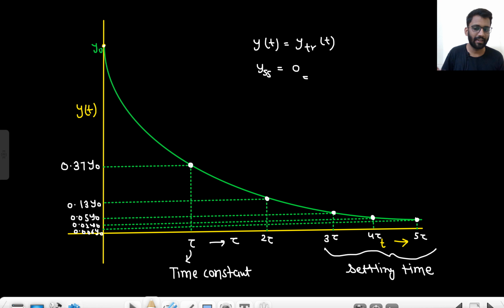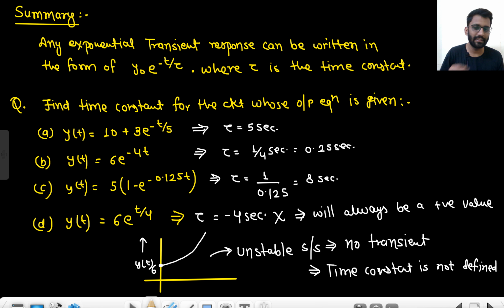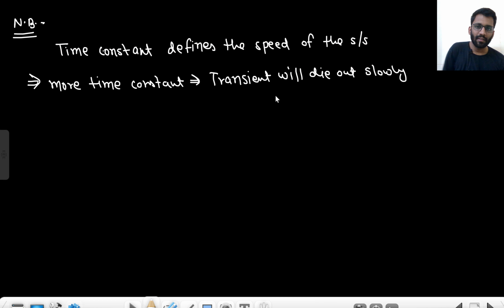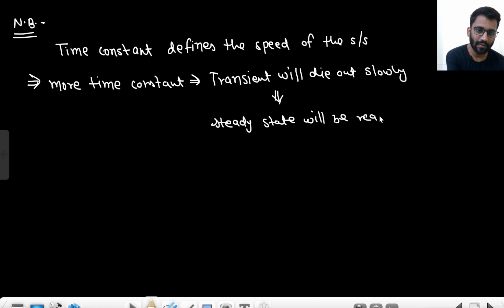So that means my transient will die out slowly. That means steady state will be reached slowly. More time constant, that means transient will die out very slowly.